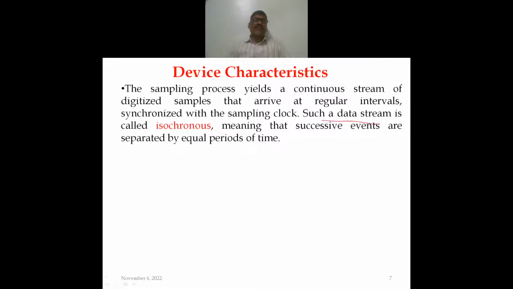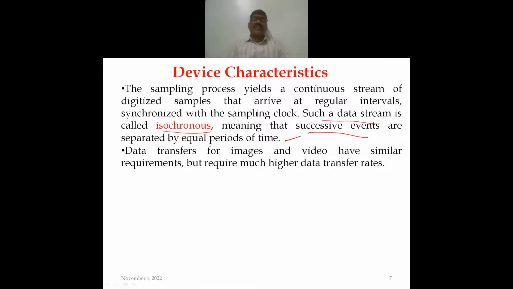Such a data stream is called isochronous data, meaning that successive events are separated by equal periods of time. Audio and video data is sampled at equal periods of time.